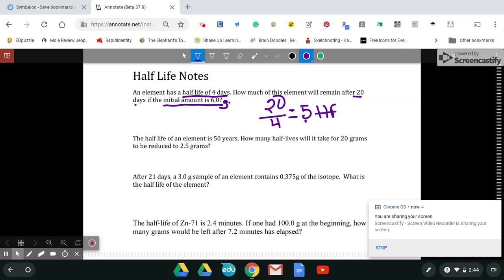So you're going to take 6 and you're going to divide it in half 5 times. Now some of these you're going to find that you're going to get really small decimal numbers.